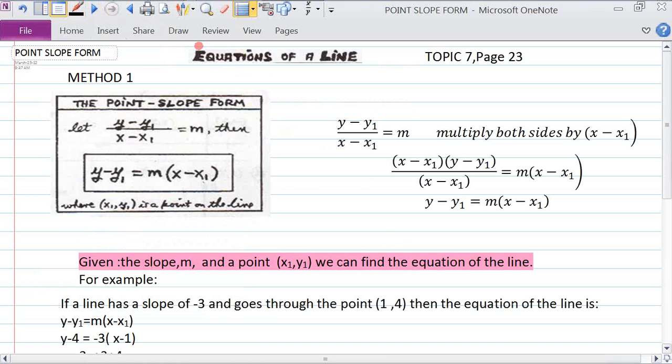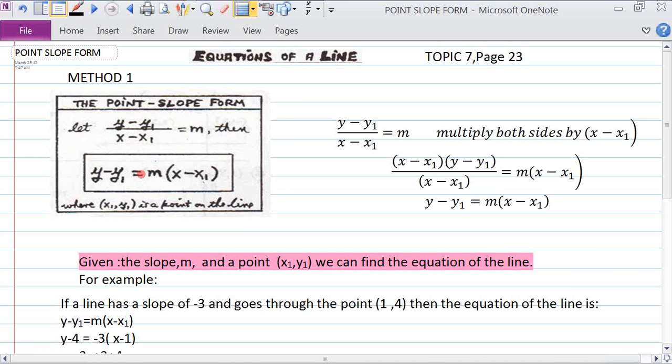There are two ways of obtaining the equation of a straight line. If we know a point that lies on the line and we know the slope, then we can use this equation here, which is really just a difference in y over a difference in x. We can solve this equation, or we can get rid of the denominator and simplify it so there's no fraction and write it like this.